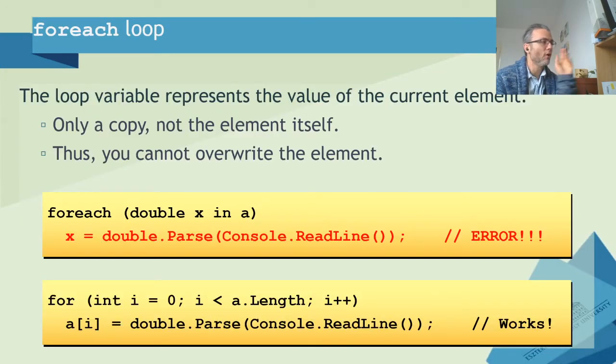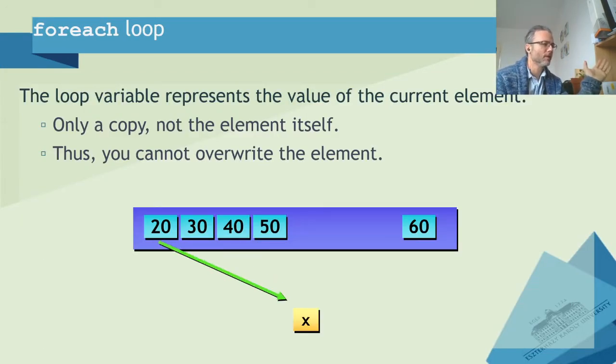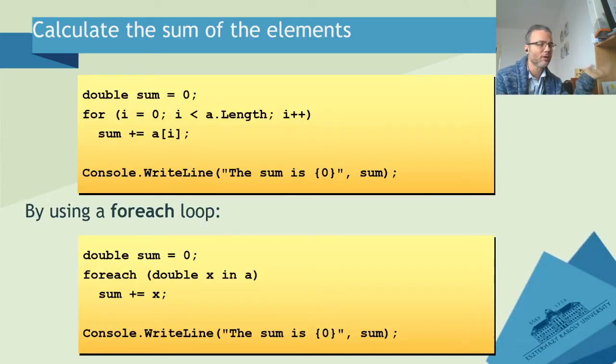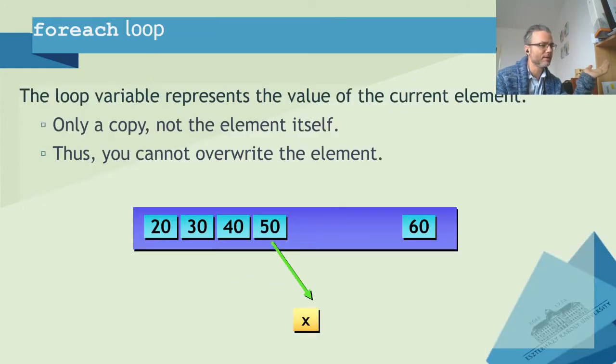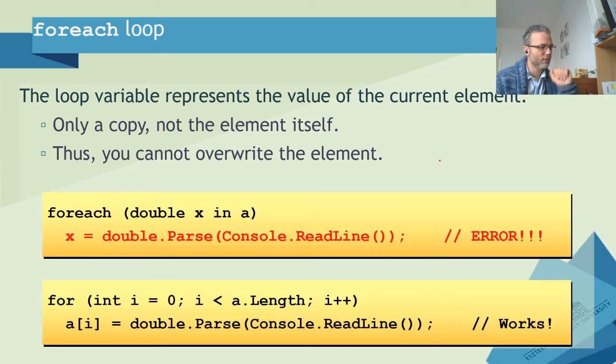Okay, a for each loop is very convenient to use, but there is a limitation here, and this is it. This loop variable x stores only a copy of the array element. Therefore, if you look at this example, you can only read from the array inside the for each loop.